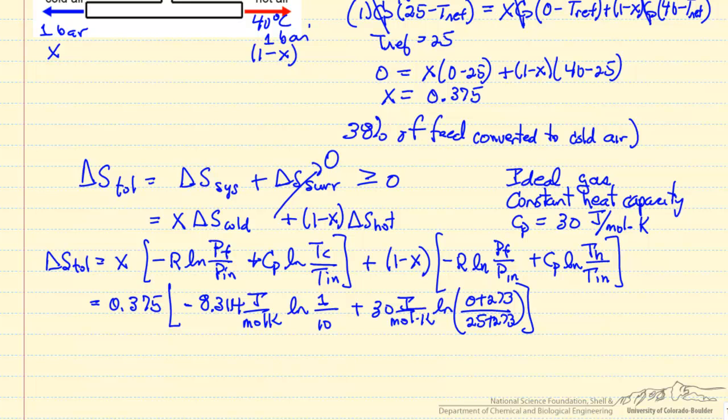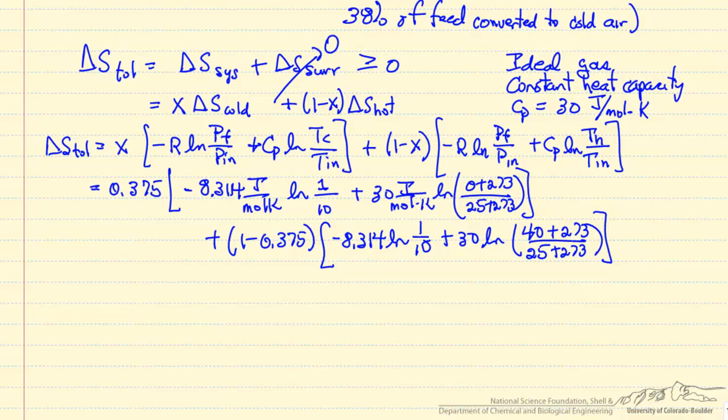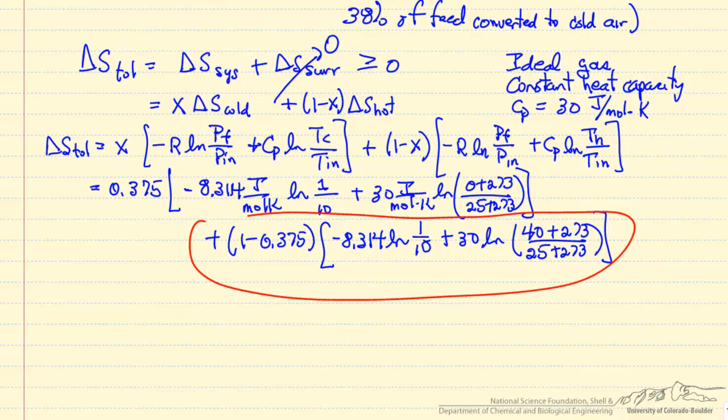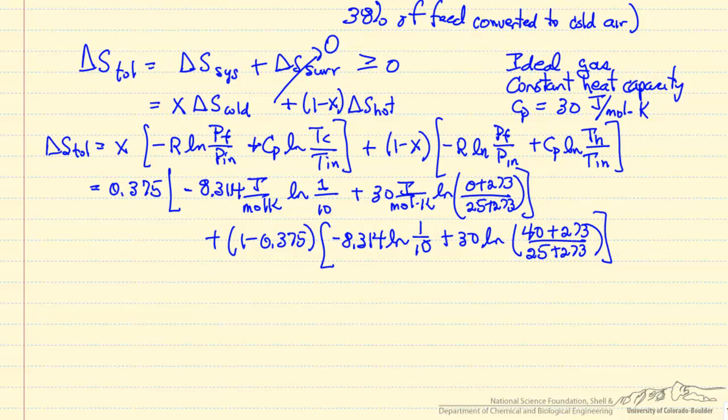And now we're going to have similar terms for the hot temperature stream. So here's the term now. This is for the hot temperature stream. Same calculation as the cold temperature stream. Now what I'm going to do is add together terms before I do the calculation. You can see we have the same terms here. This is multiplied by 0.375. This is multiplied by 1 minus 0.375.